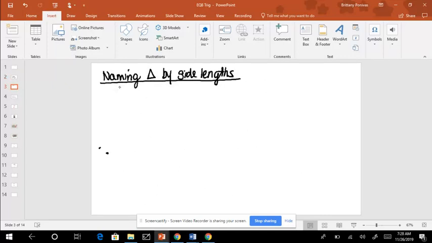And there's three types here. The first one is equilateral. That's when all three sides are the same length.